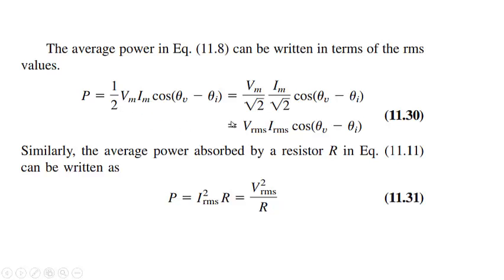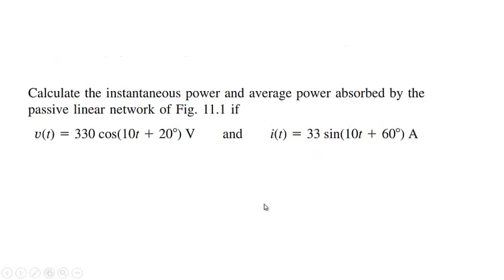So P will be equal to Vrms Irms cos of theta V minus theta I. I'll generally be using this type of relation as compared to the earlier one, because mostly whatever value we get at our home is the RMS value of the voltage or current. Similarly, the average power absorbed by the resistance will be given by Irms square into R, or Vrms square divided by R.